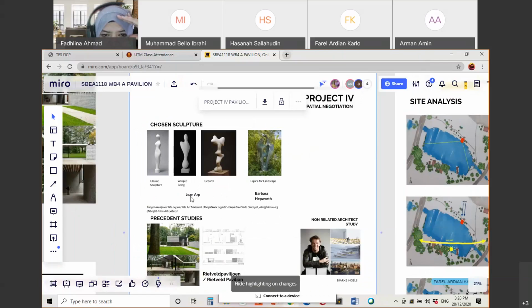Yes. You have chosen two artists. So the similarities between these two is on the human figure, is it? Yes, the human aspects in it, like the Growth is from the torso-like structure.